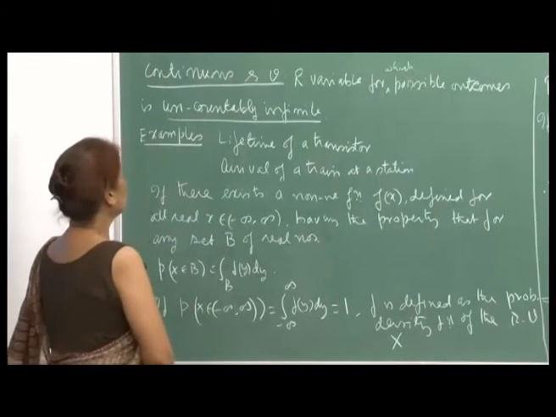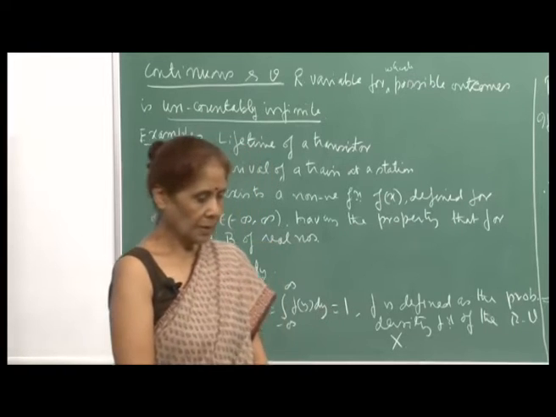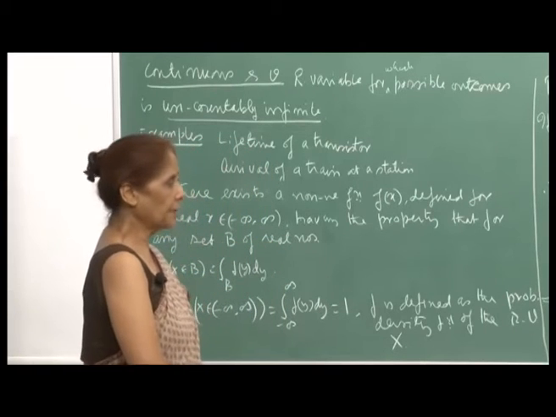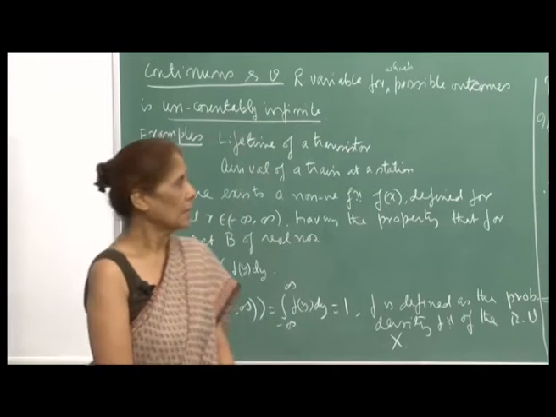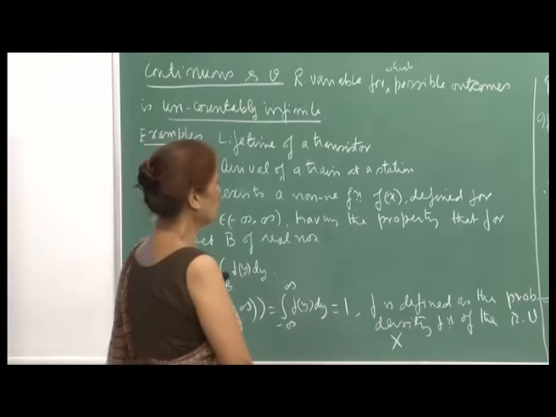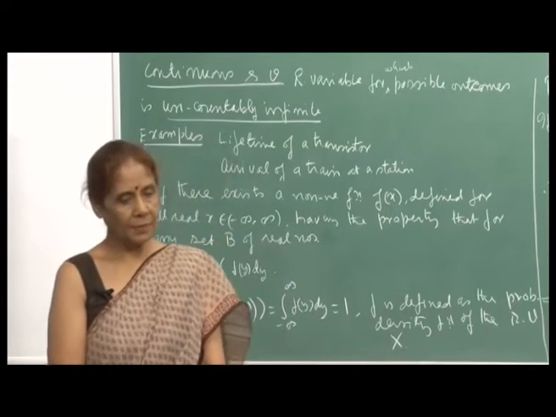So, let us now look at the other type of random variables, which are continuous random variables. So far, we have looked at discrete random variables and their special cases. Now, I want to describe continuous random variables, and then again we will look at the special cases.